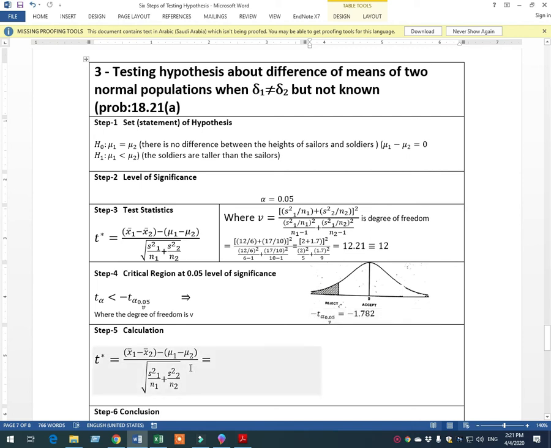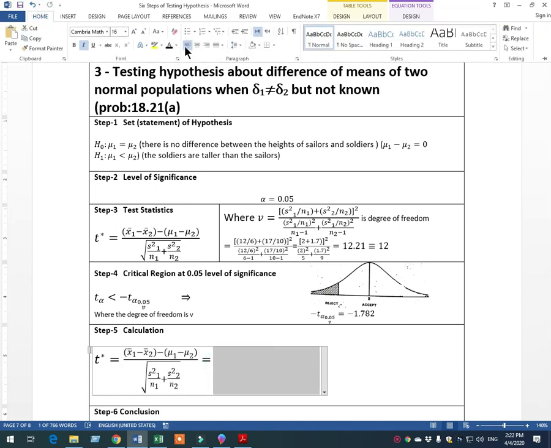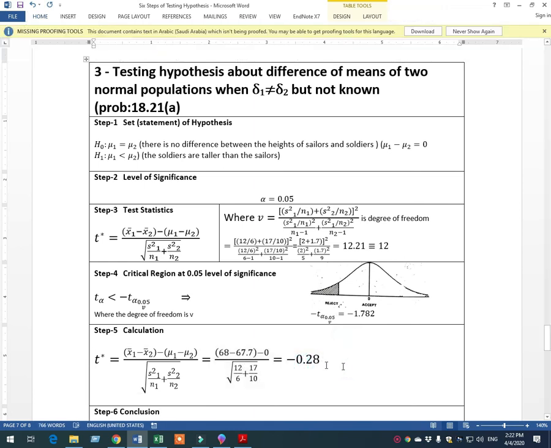Now we have to calculate the T ratio. As we know, we have the means and the variances. By putting all those values in the formula, we get the value of 0.28 in negative.